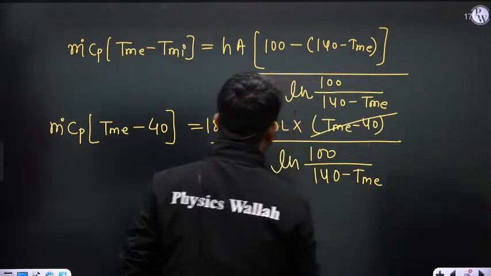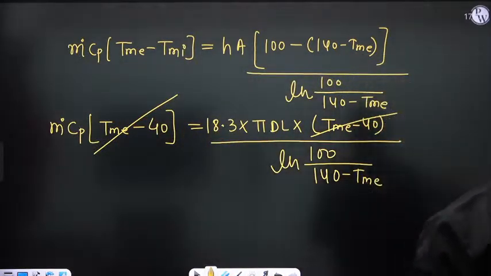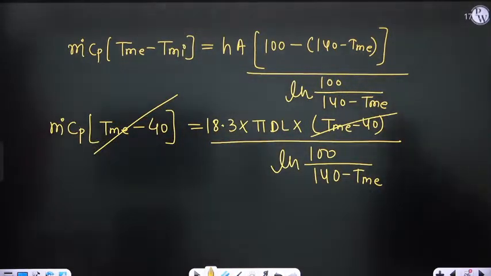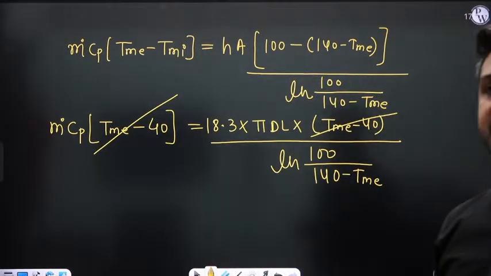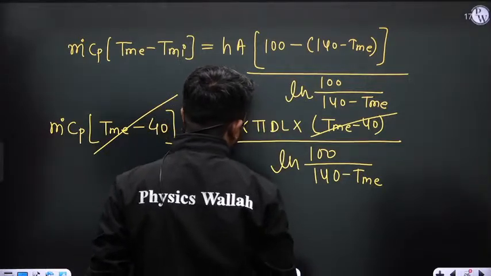So TME minus 40 cancels out on both sides. So ultimately, there is one equation, one unknown.